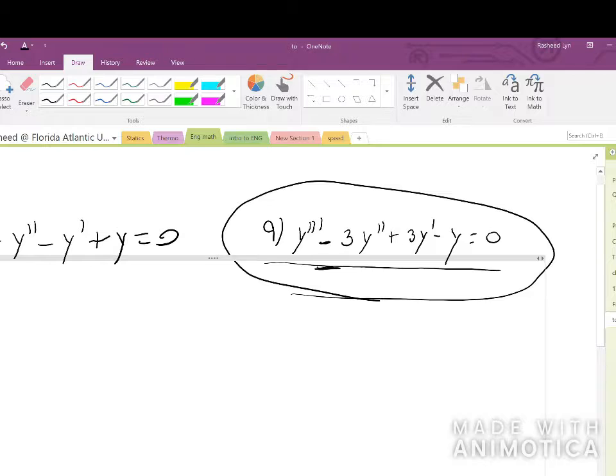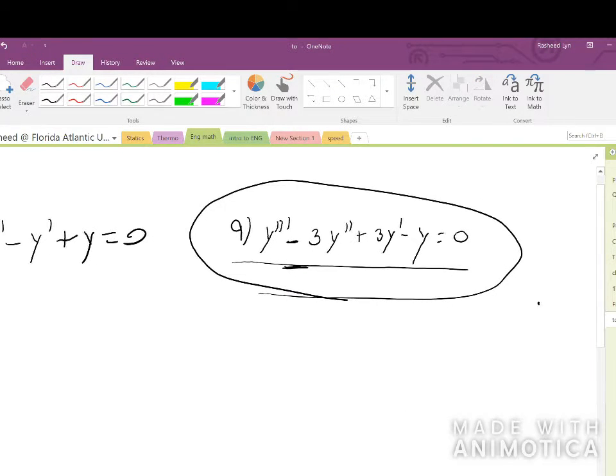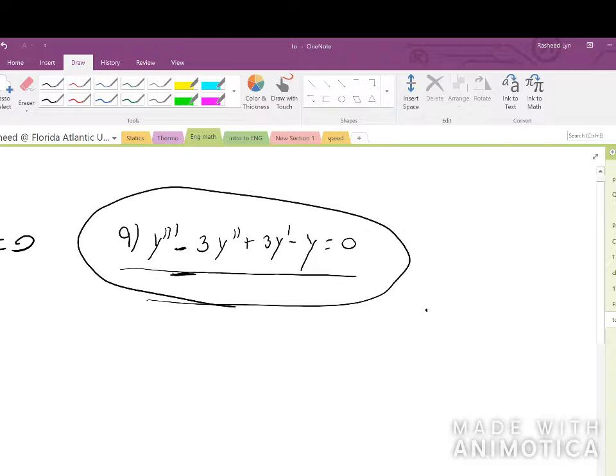So now you want to make your characteristic equation for this problem, number 9. Your characteristic equation will be r cubed, because of the y prime to the third.